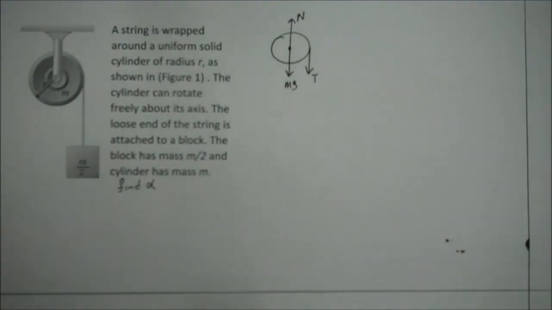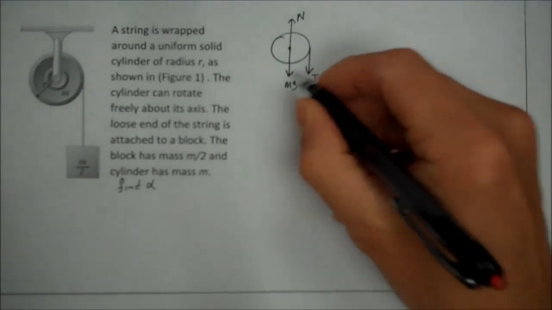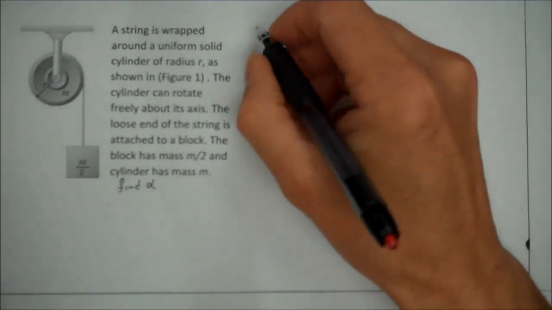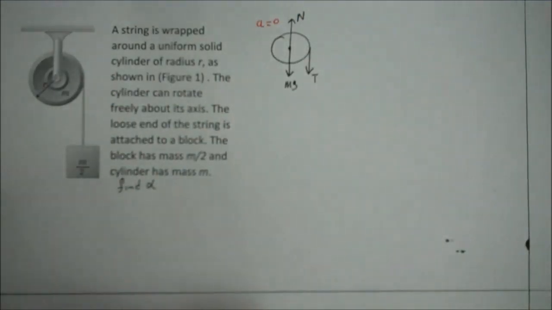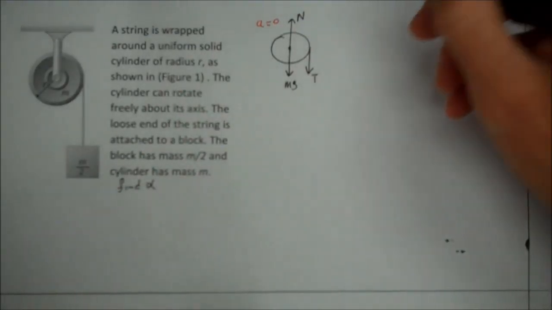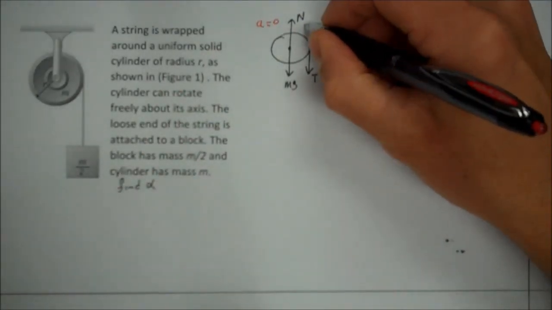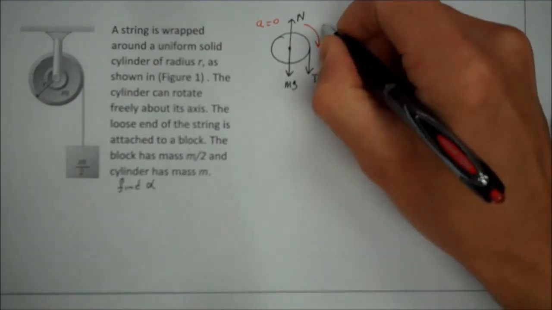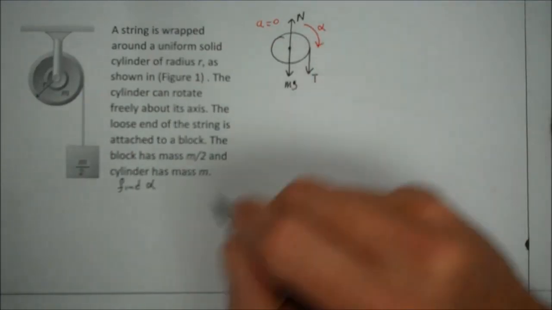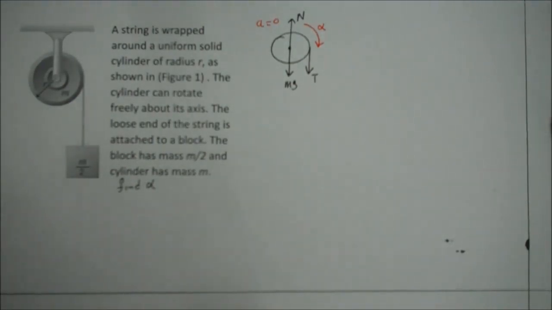Now we need to identify the direction of the accelerations next. This pulley is fixed, so its linear acceleration is 0. It is not going to translate or change position. However, it is going to spin this way, clockwise. That's the direction of alpha.